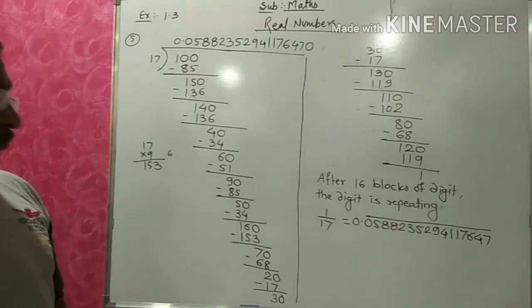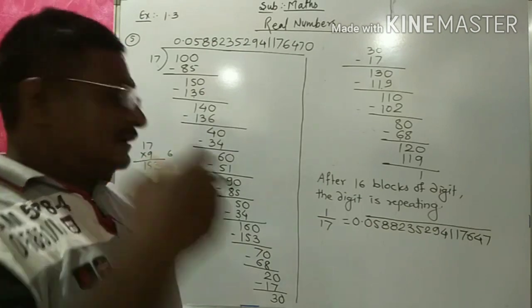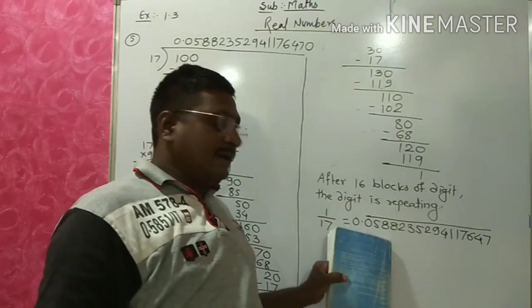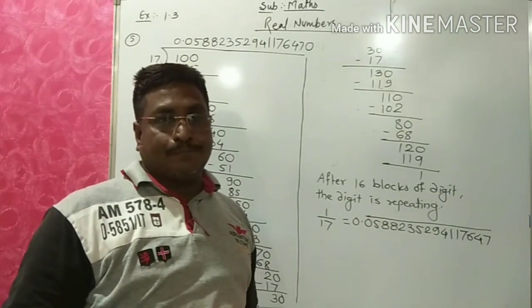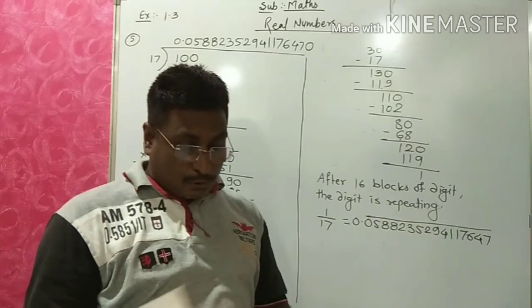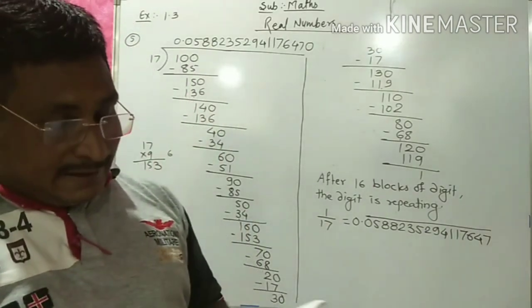After this many blocks of digits, the digits in the number are repeating. Hope you understand, students, how to solve the fifth question. Any doubt?